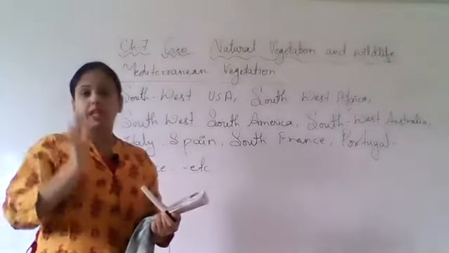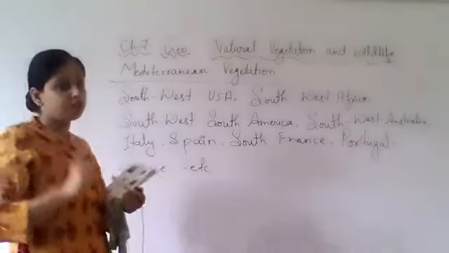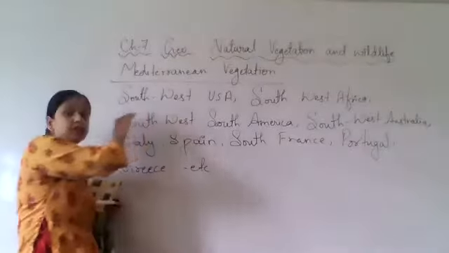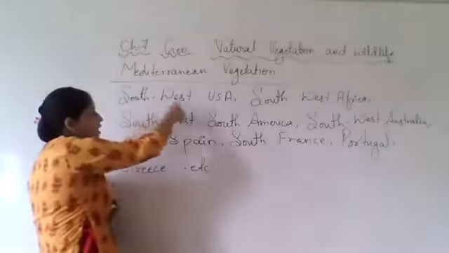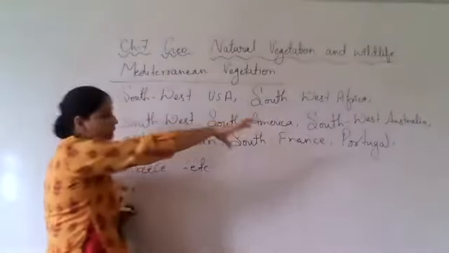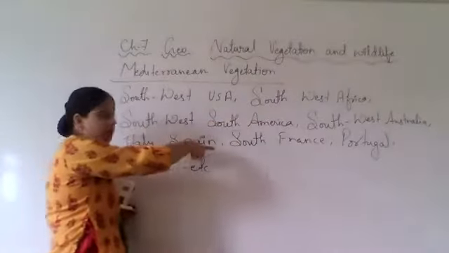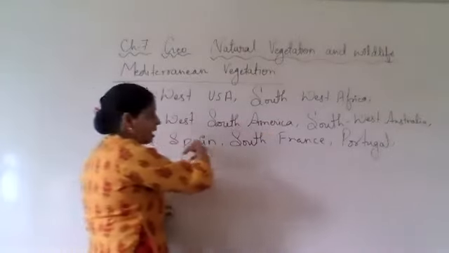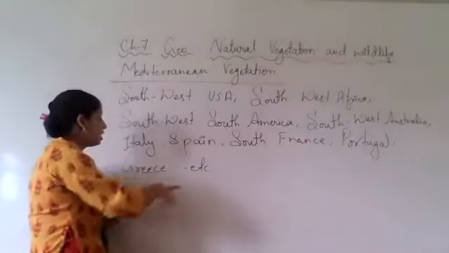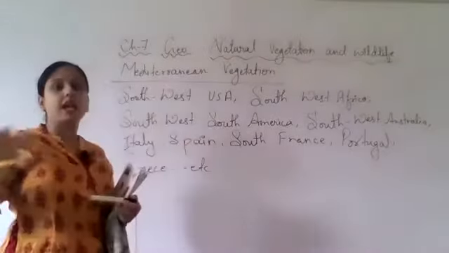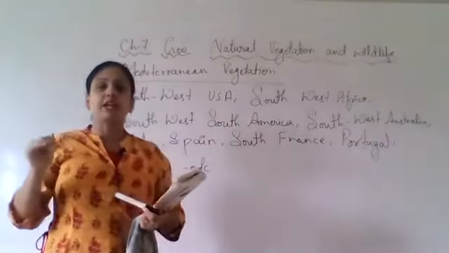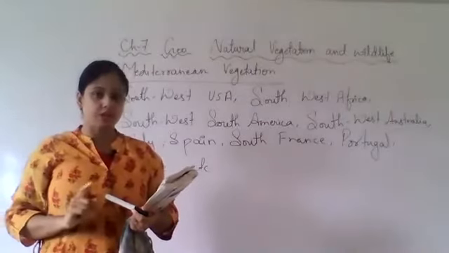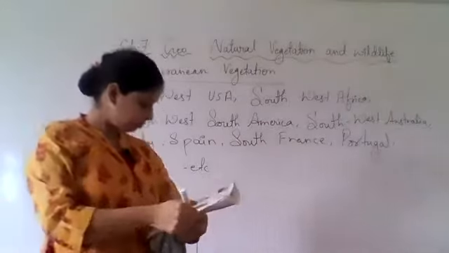If you talk about Mediterranean vegetation, they are found mostly in the southwest area: southwest USA, southwest Africa, southwest South America, southwest Australia, Italy, Spain, South France, Portugal, Greece. These are the areas where you can find Mediterranean vegetation. Okay?